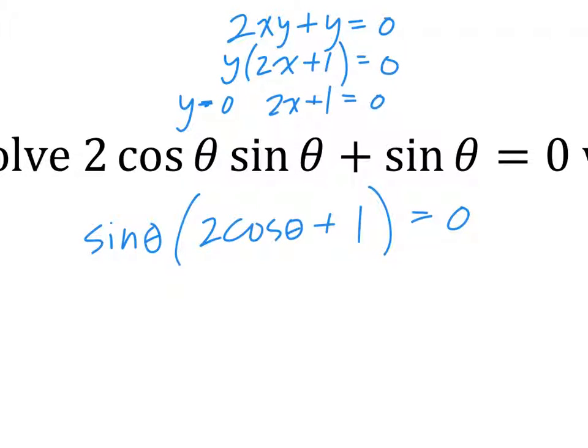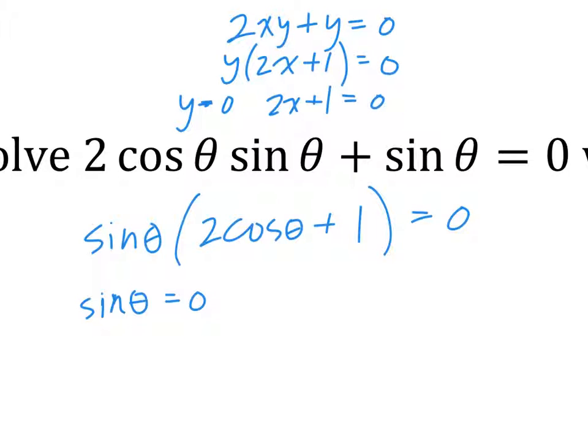Now in this case with the sine and cosine, what would you do to solve it? What would you make equal to 0? Sine theta. Sine theta equal to 0. What else?